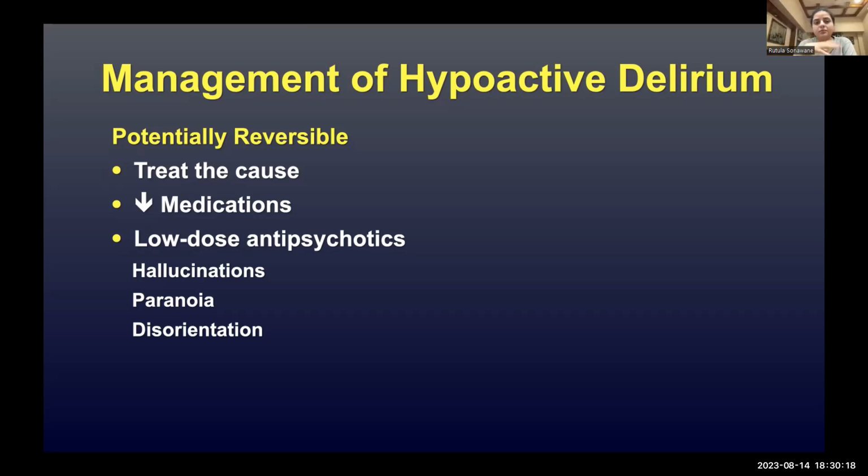Sometimes they are with hyperactive delirium, but many of the times they are with hypoactive as well. So you need to have a very stringent lookout for hypoactive delirium, because hyperactive you will spot just like that. It's the hypoactive ones that you need to look out for.